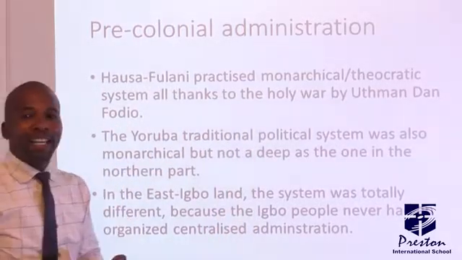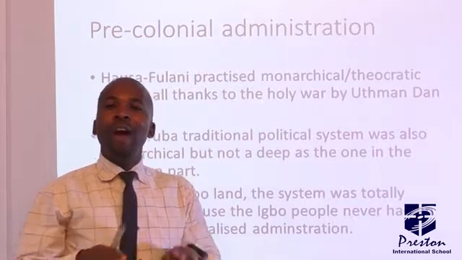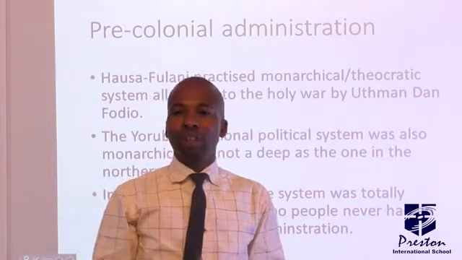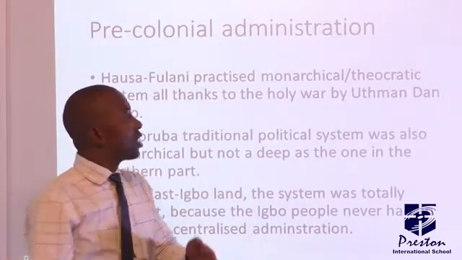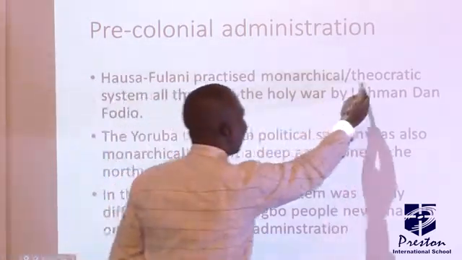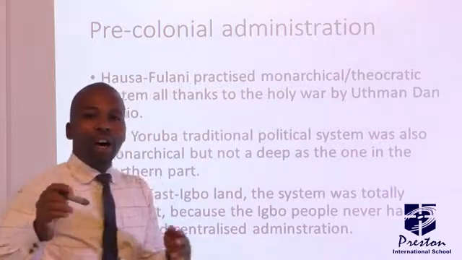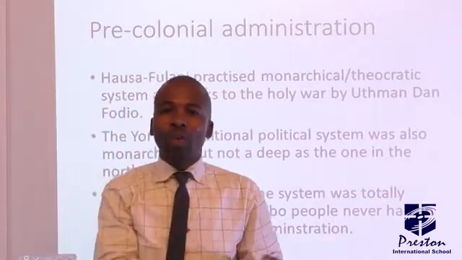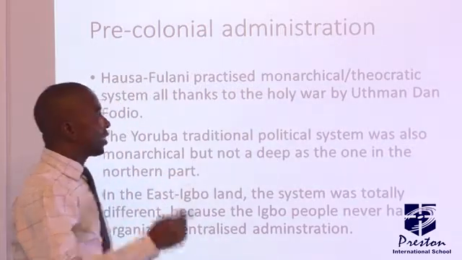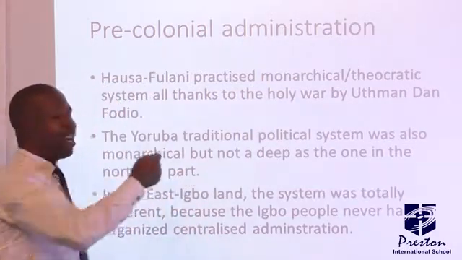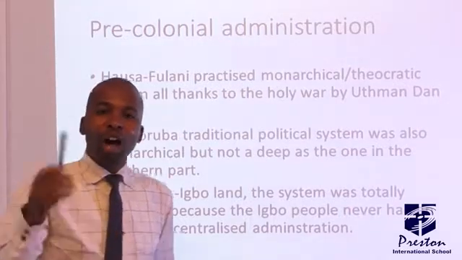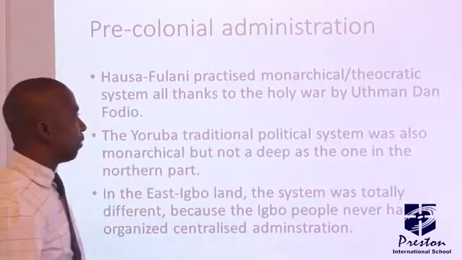Monarchical has to do with where you have a king or a queen as the head of the government. And we say it is theocratic in the sense that we have a religious leader who is also a political leader. So in Hausa Fulani, the emirs are regarded as a political leader and also a religious leader.